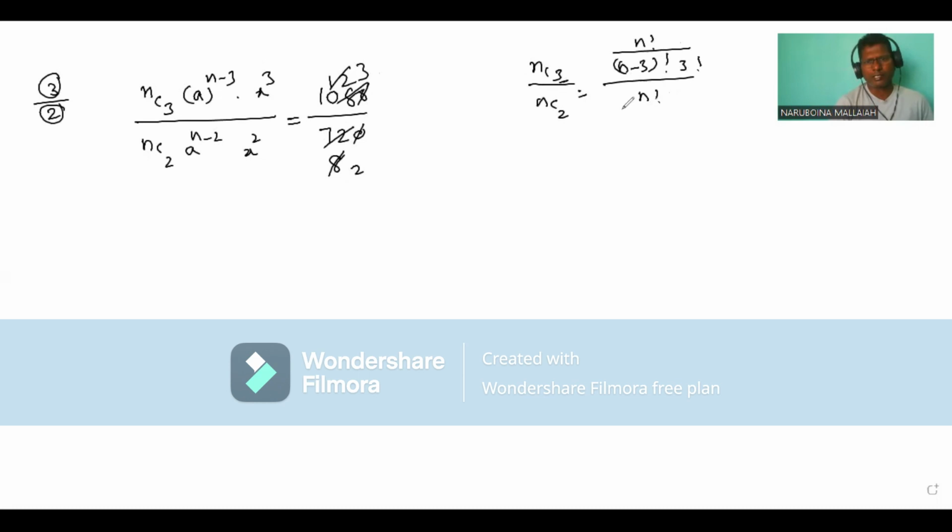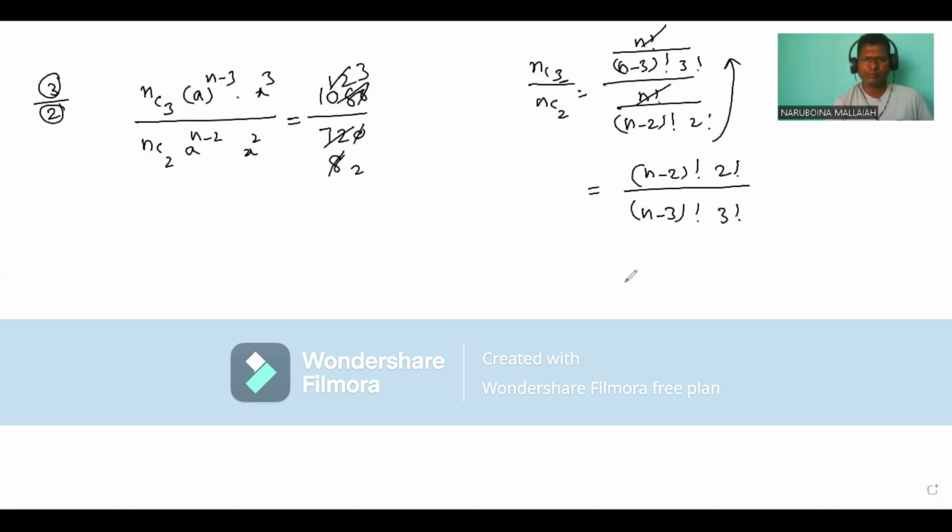Again here factorial n by the difference of these two, that is n minus 2 factorial into 2 factorial. Now this factorial gets cancelled. This term goes up. That means n minus 2 factorial into 2 factorial, by this term coming down: n minus 3 factorial into 3 factorial.